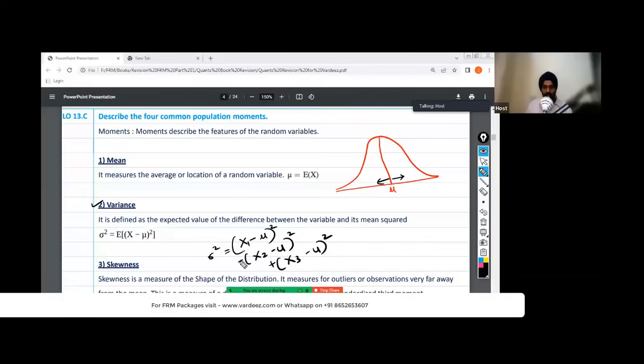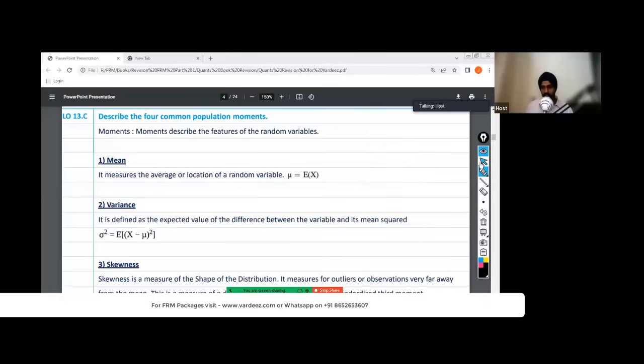You add up all these things, and you will have your variance. Fair enough? Basically, variance tells you how spread out or dispersed your data values are.